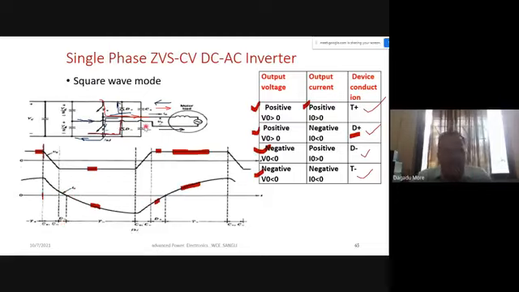Similar will be the case whenever we are changing from negative to positive. So we have marked here how the devices are conducting, that we have discussed just now. Is it clear? Any question on this? For each case, we have considered which device will be conducting.